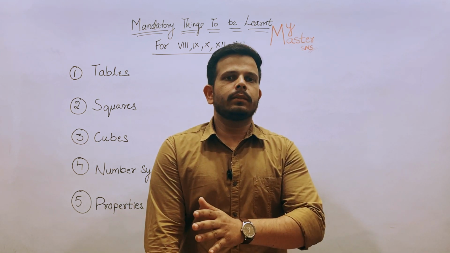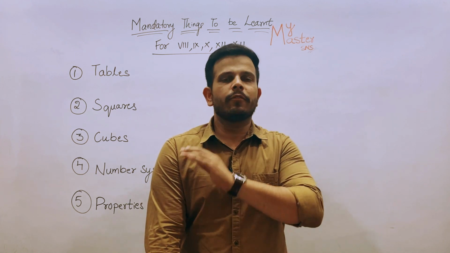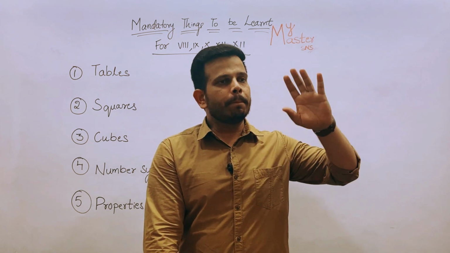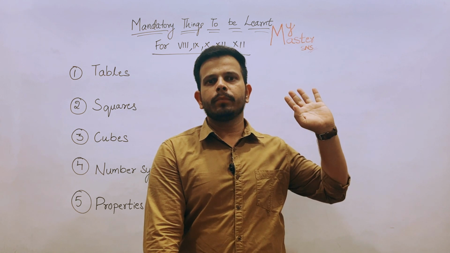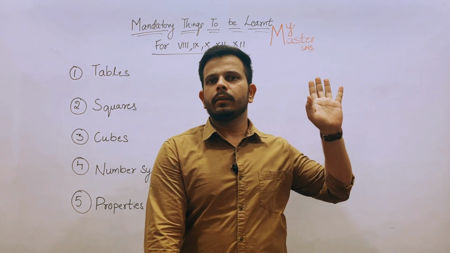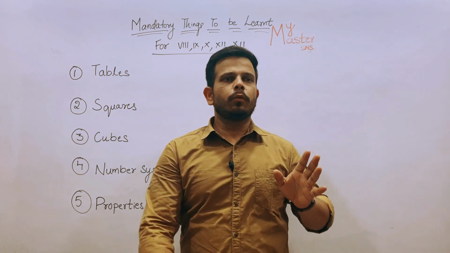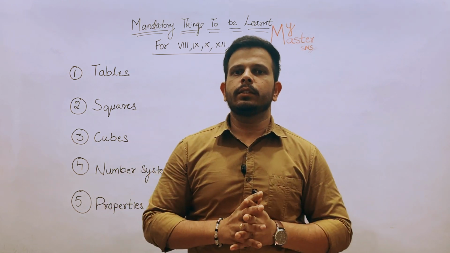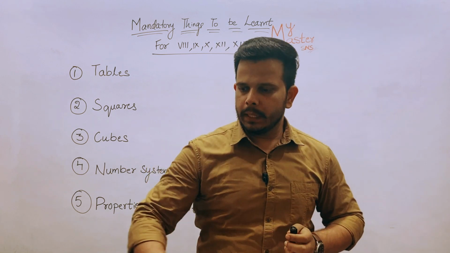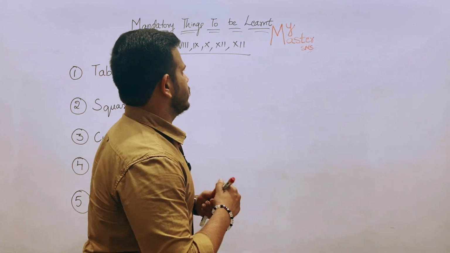From 8th till 12th standard students, for everyone, these are the mandatory things to be learned and remembered and to be executed. So what is the main purpose of learning this? This will increase the speed and accuracy.